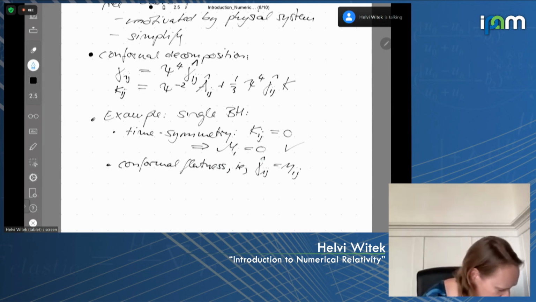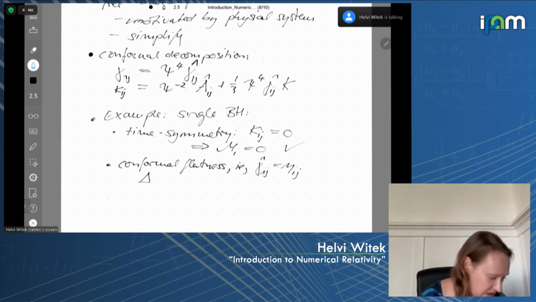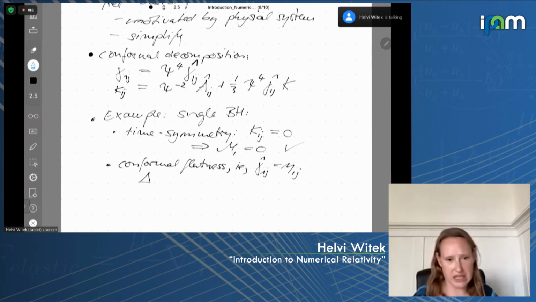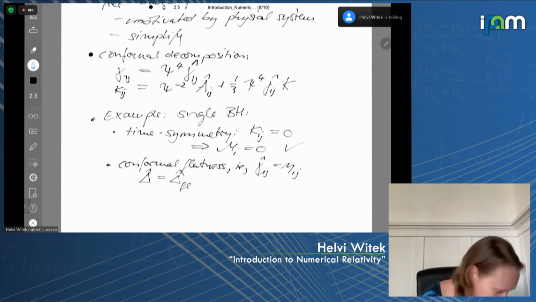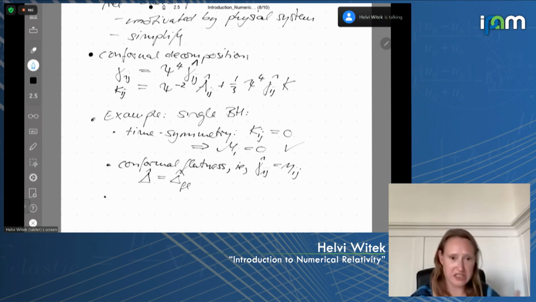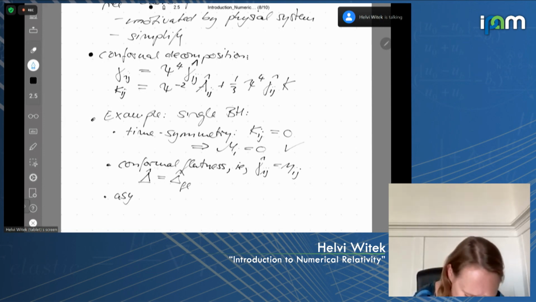And if we do that, the Laplacian operator that we get in the Hamiltonian constraint, if we expand the Ricci tensor, will just be the flat space Laplacian. And we also assume, so we are interested in asymptotically flat solutions, so we also assume asymptotic flatness. Yeah, and this is where some of our physical conditions come in.